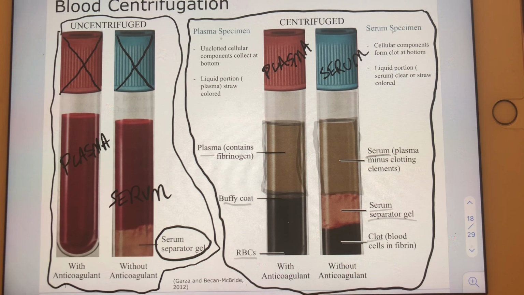In the plasma specimen, what do we get? We get plasma on top, which includes plasma proteins, including clotting factors. We're going to get our hematocrit, our erythrocytes, at the bottom, and in between the two, we're going to get buffy coat.